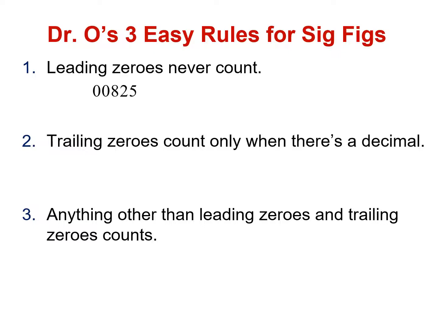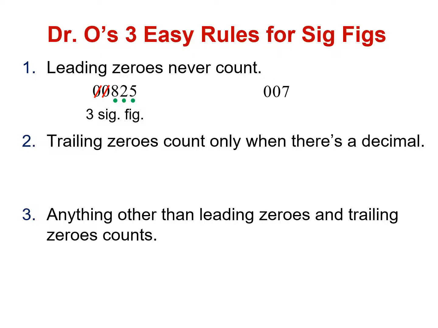Rule number 1 says that these first 2 zeros are not going to count towards significant digits, which means that even though we have 5 numbers here, the first 2 don't count because they're leading zeros, which means that the 8, the 2, and the 5 are going to be significant, and that 00825 has 3 significant figures.